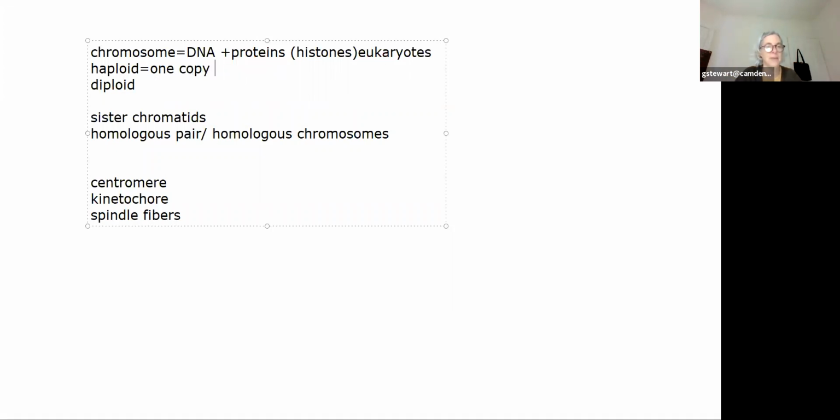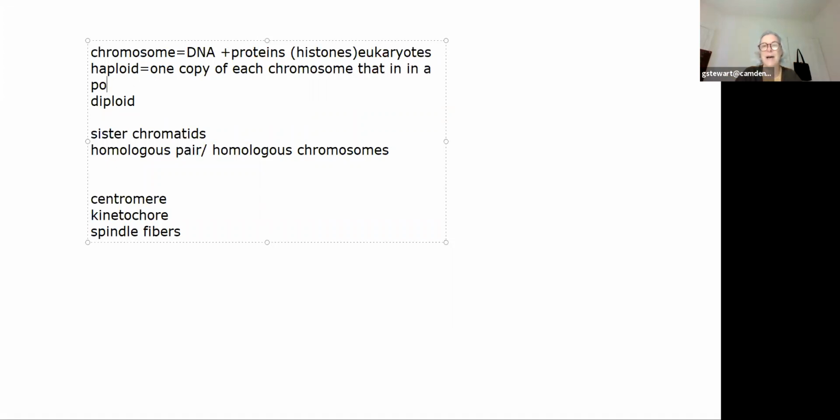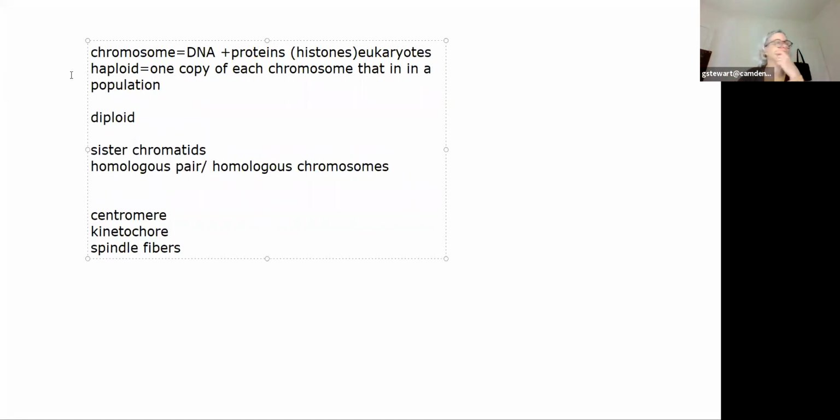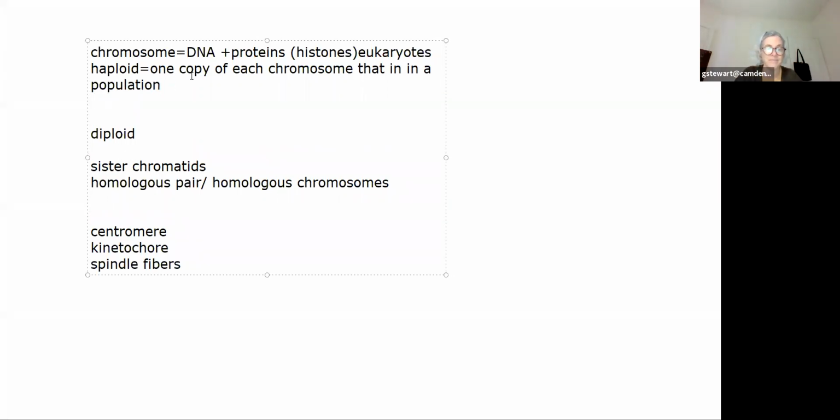Let's say one copy of each chromosome that is in a population, right? So if I'm a fruit fly and I have 4 different chromosomes, haploid would be n equals 4, right? You'll also see this referred to as just n. So n equals haploid.